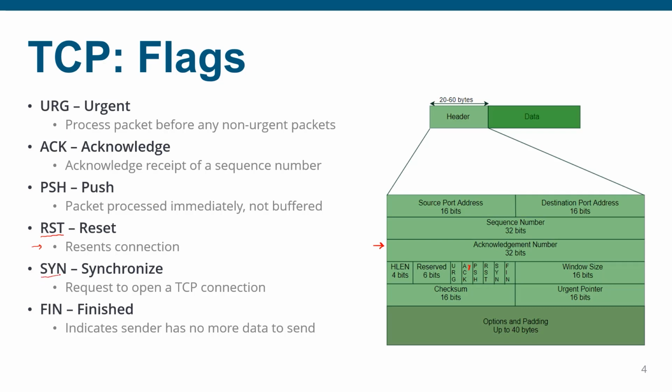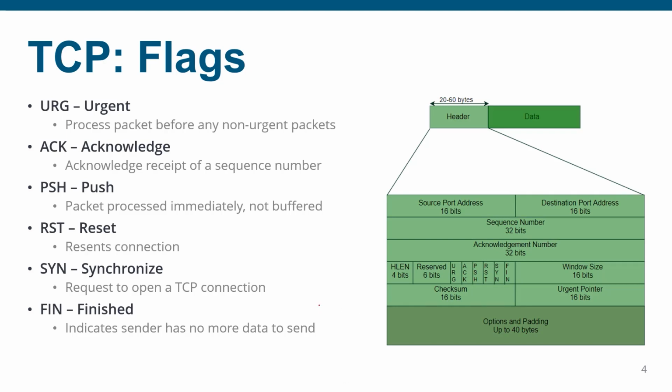The SYN flag, or synchronize, is the flag that is set when we request to open a TCP connection. And finally, the FIN flag indicates the sender has no more data to send. It indicates gracefully that it is finished.